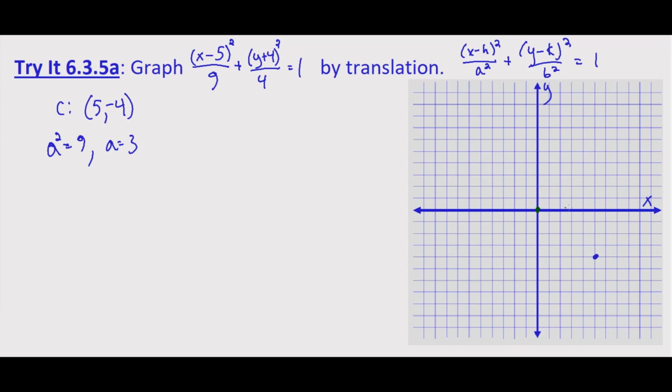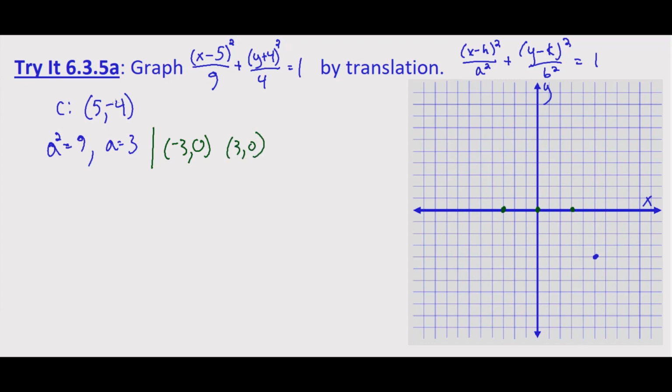So we know we're going to go 3 in each direction from the center on the x-axis. So that's going to give us the points (-3, 0) and (3, 0).